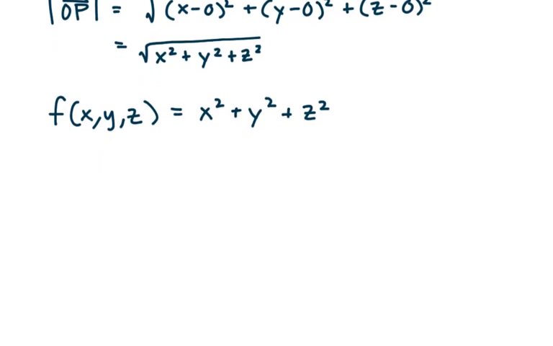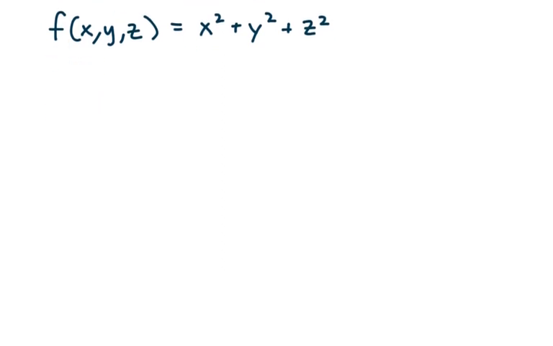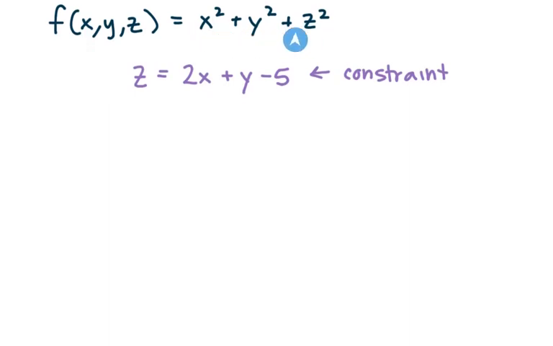So I'm going to rewrite my function for the plane and isolate z. I'll say z equals 2x plus y minus 5. This is my constraint. It's easy to see that a minimum value for this function would occur at the point 0, 0, 0. But if I plug 0, 0, 0 into my constraint, it doesn't lie in my plane.